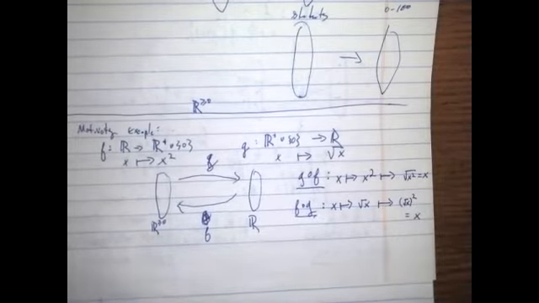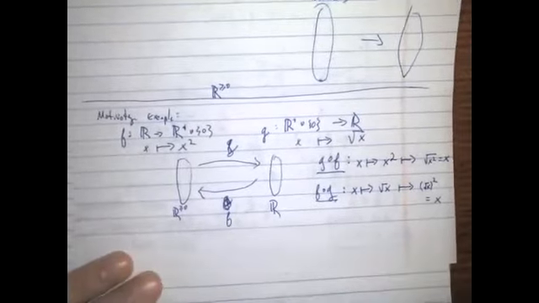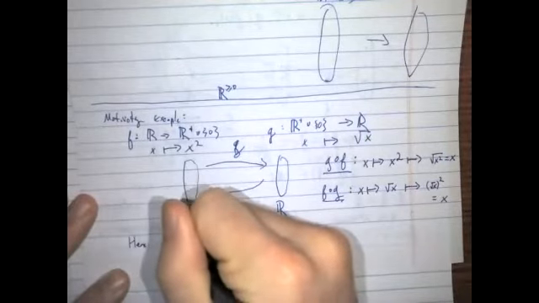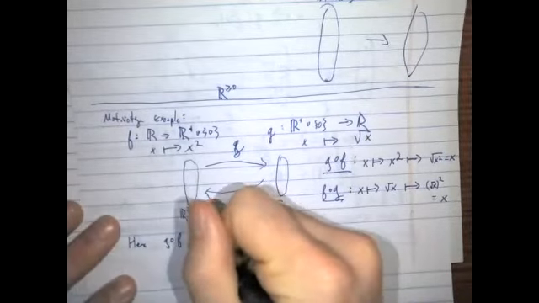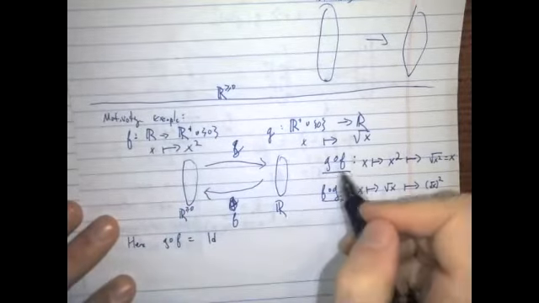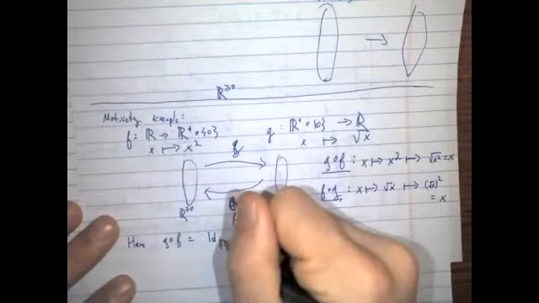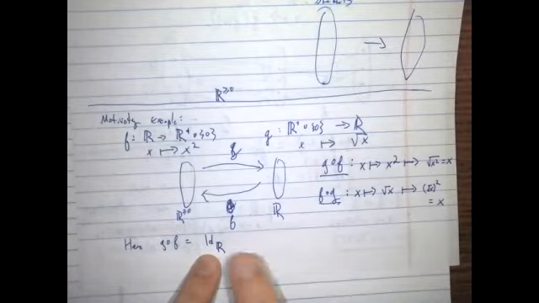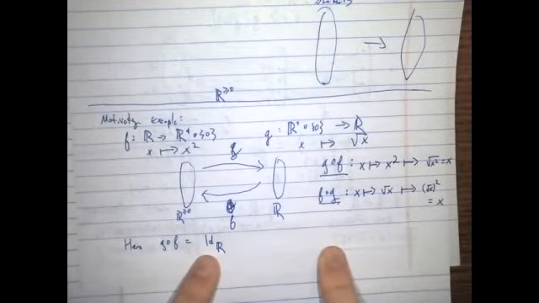So the point is that I have produced two functions that both are a very special kind of function, namely the identity function. Here, G composed with F equals the identity function on the set R, which is just the function from R to R which sends every element to precisely that element.